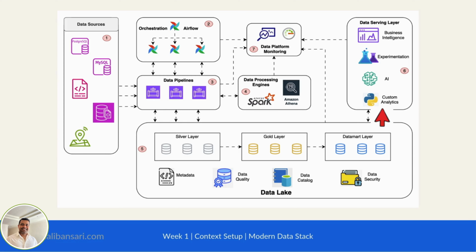This layer includes tools and systems that help users and automated processes interact with data to generate insights or take action. It ensures that data is presented in an easy to understand format and can be quickly consumed by different teams or applications.